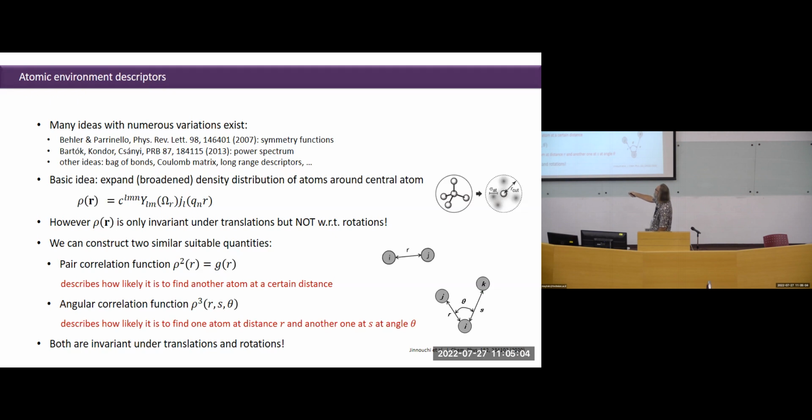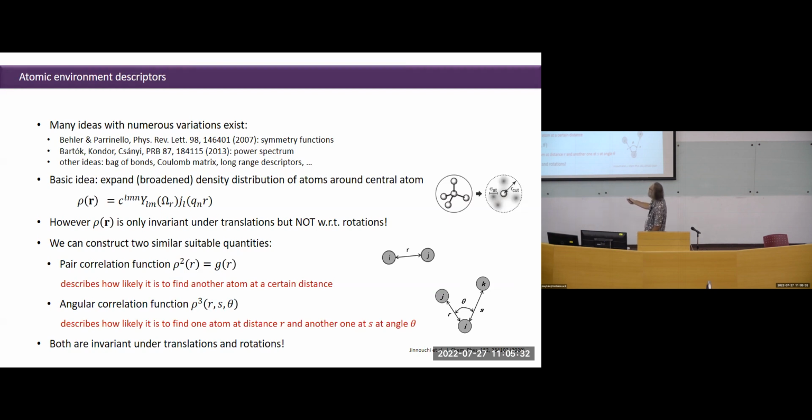We broaden that with Gaussians, and then we basically expand it in spherical harmonics and Bessel functions, and you get a bunch of coefficients. So this particular expansion would be invariant under translations, but not invariant with respect to rotations. So that cannot be the descriptor of choice.